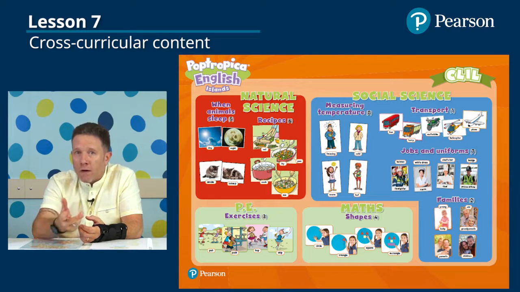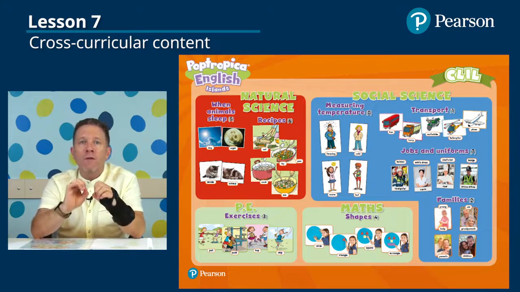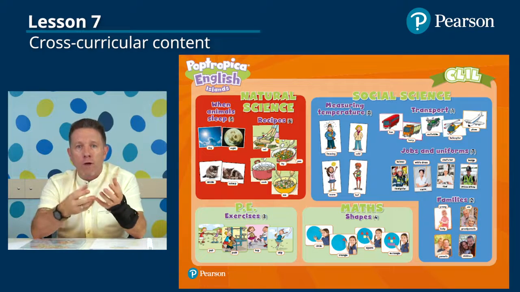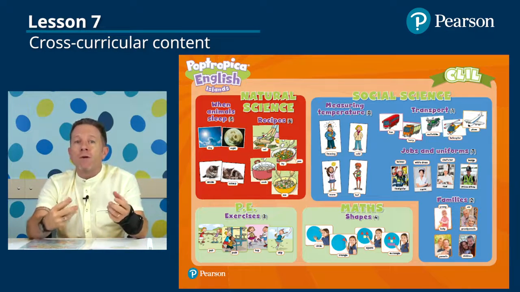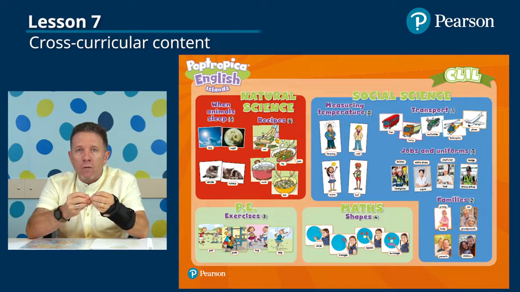The whole idea here is that rather than the language being the goal of the learning in a bubble, so to speak, students instead get to learn about other topics and the real world. And language is simply the tool that we use to learn them.